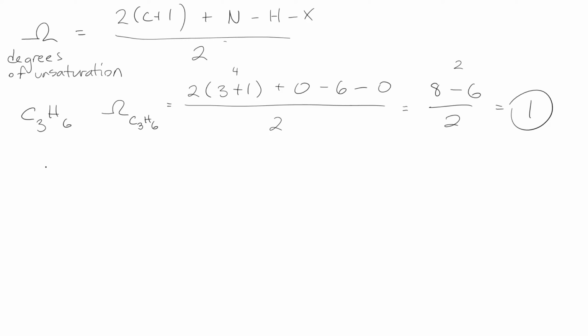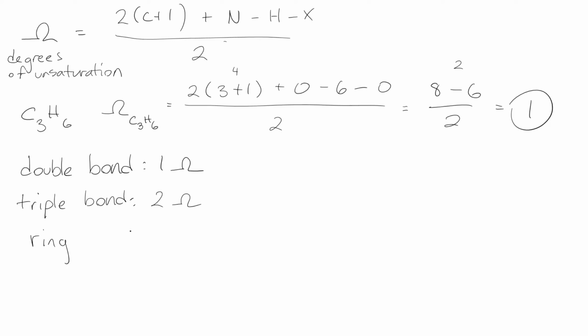So 1 degree of unsaturation. A double bond counts as 1 degree of unsaturation. A triple bond counts as 2 degrees of unsaturation. And a ring counts as 1 degree of unsaturation.